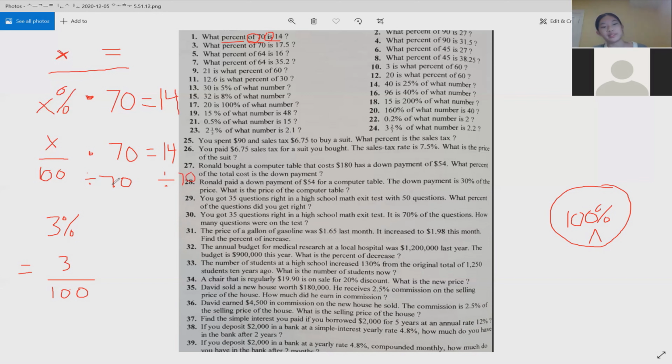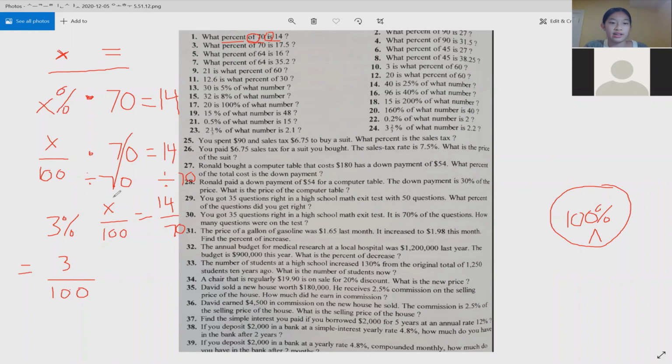By the way, when we divide by 70, we don't divide by x over 100, because that wouldn't help, since you want to cancel stuff out. Here you don't have that anymore, because 70 divided by 70 is just 1. So x over 100 equals 14 divided by 70, which is just 14 over 70.